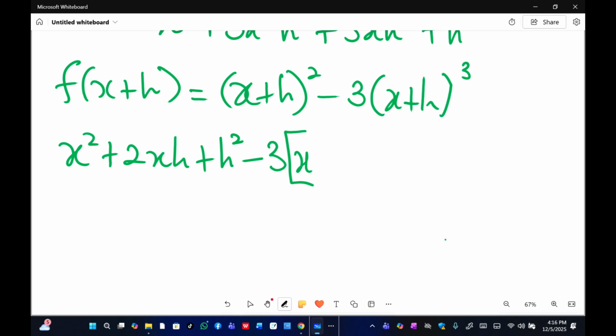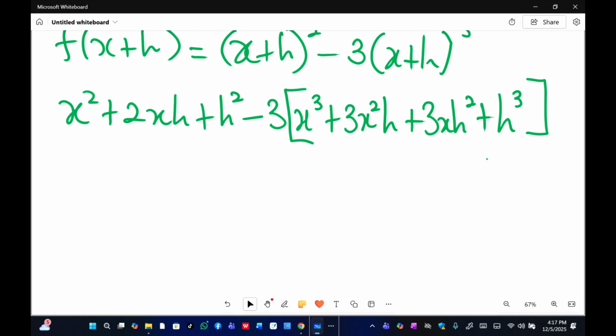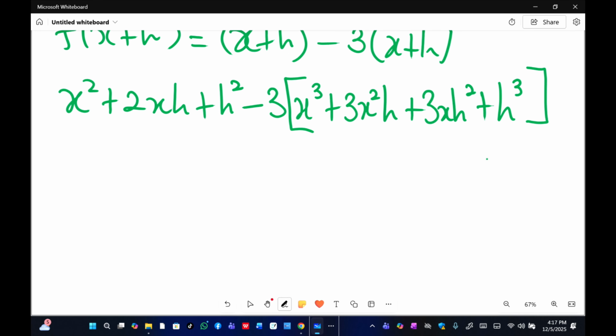We had x power 3 plus 3x squared h plus 3xh squared plus h power 3, also representing the x plus h power 3. All right. So let us now expand. So we are going to get x squared plus 2xh plus h squared.